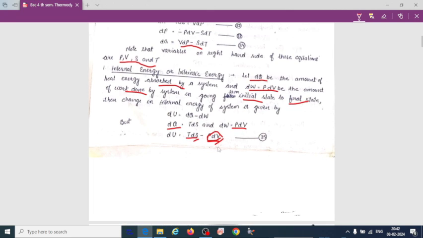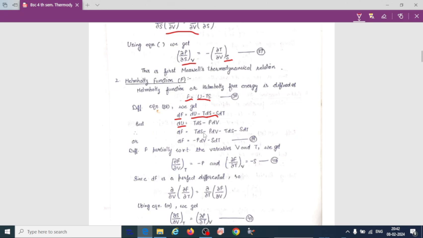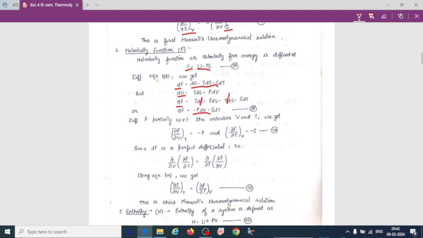See this second equation. Then we can replace the internal energy in this Helmholtz function differential form. Then we can see these two terms get cancelled. So what remains is minus P dV minus S dT. So again we have to take the partial derivative of the Helmholtz function with respect to constant temperature and volume.